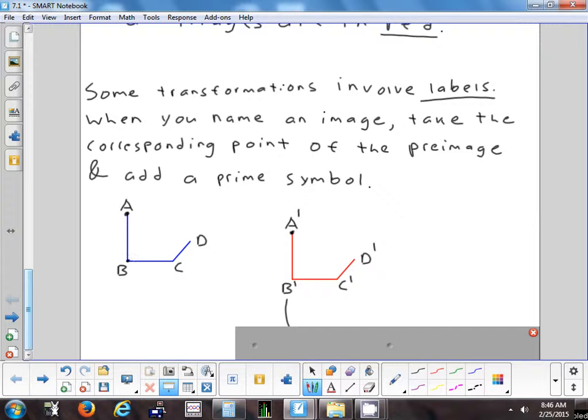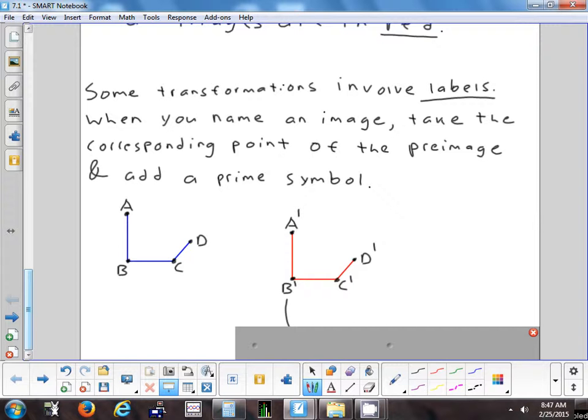Okay? Point B in the pre-image, and that's where it went to in the image, B prime. Okay. Point C went to C prime, point D went to D prime. Now it's very easy to tell which one is which, even if you're not using color. All the ones with primes are the image, without primes, pre-image.